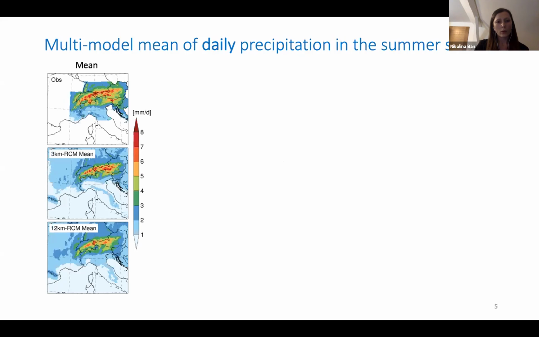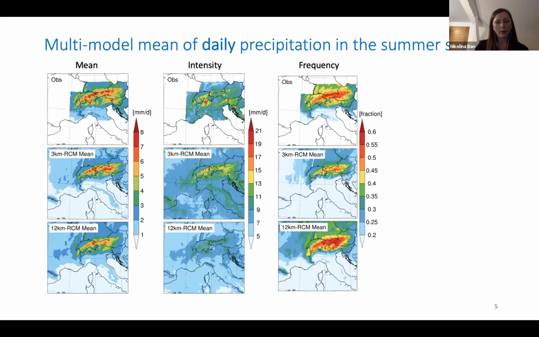Then we also look into the intensity and frequency, and here we start to see bigger differences between the 3-kilometer models and the 12-kilometer models. The 12-kilometer model tends to overestimate the frequency of precipitation and underestimate the intensity.